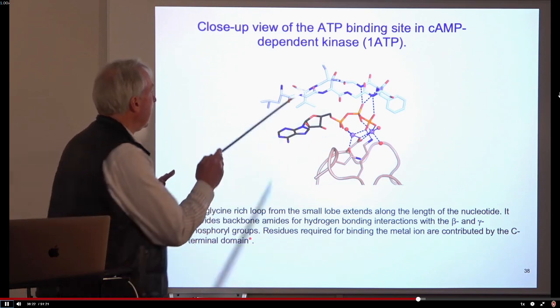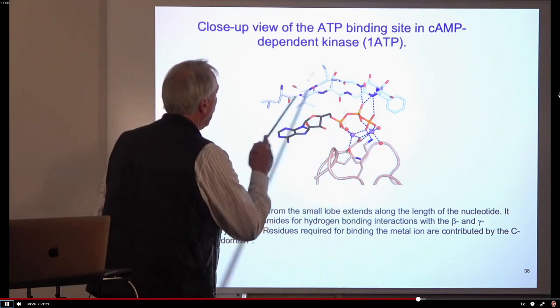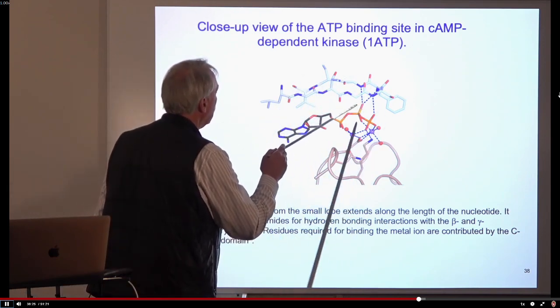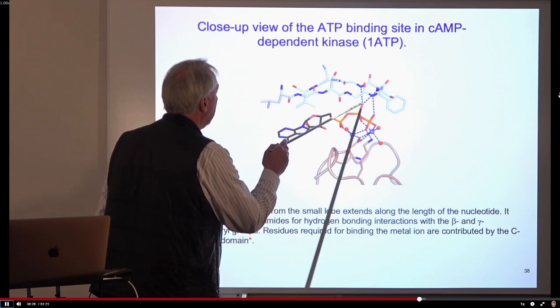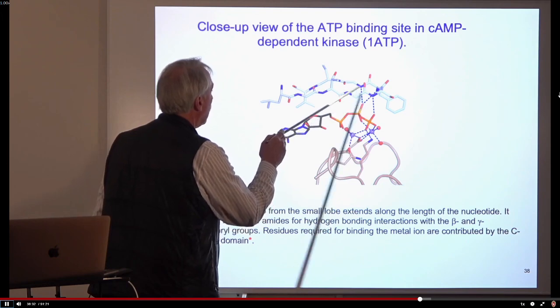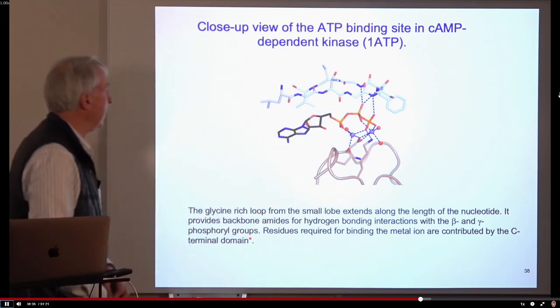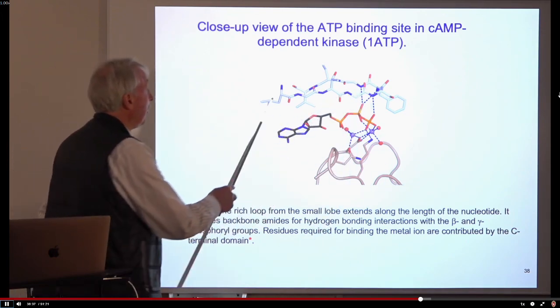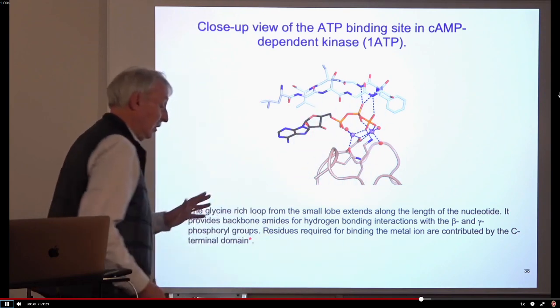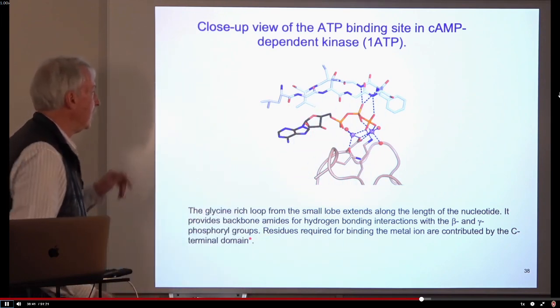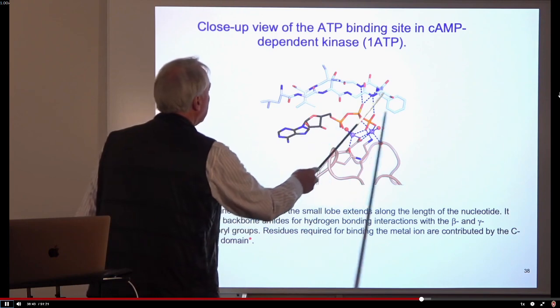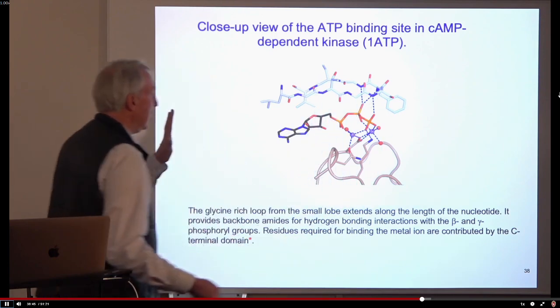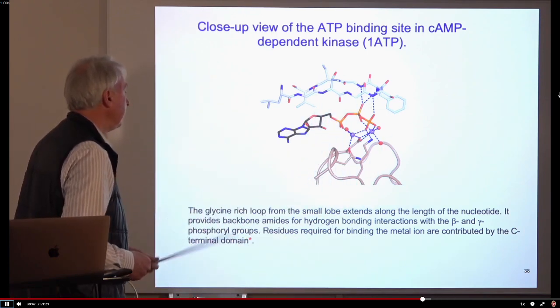The loop provides a mechanism to provide a good binding site for the gamma and beta phosphoryl oxygens that would otherwise not be available. And this loop in general is not that flexible. There's perhaps a little more flexibility than the ATP grasp proteins, but most of the flexibility occurs between the two domains.